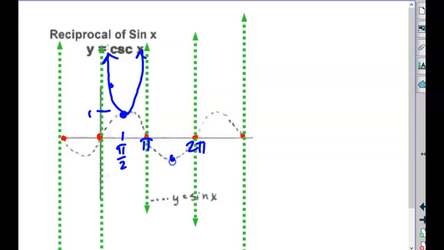Over here at 3 pi over 2, it was -1, so it stays -1. The reciprocal of -1 is -1. But the values as it got closer to 0 would get infinitely large on both sides.